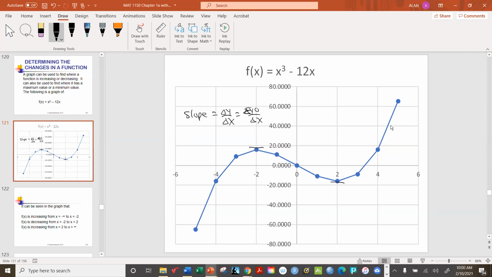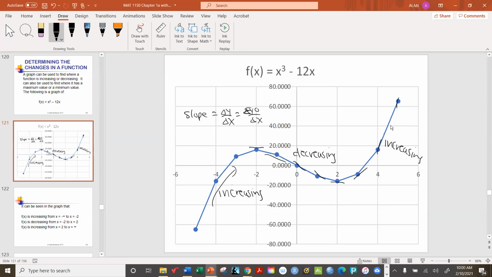And this is a point where the function is changing from increasing to decreasing, or the opposite. So here it's going up, here it's decreasing, and you can tell because the slopes are all negative in this range. But then all of a sudden it bottoms out again and it starts increasing again.